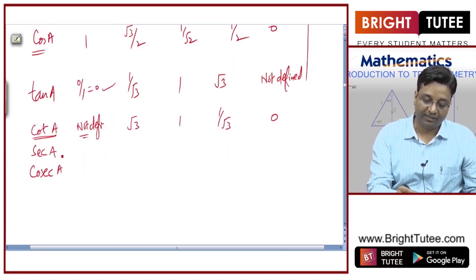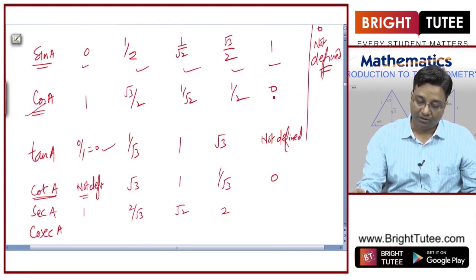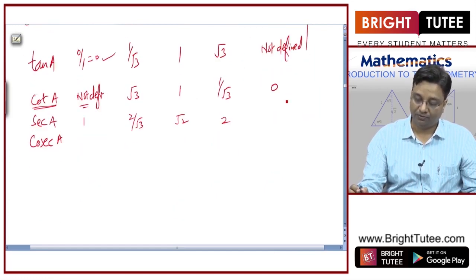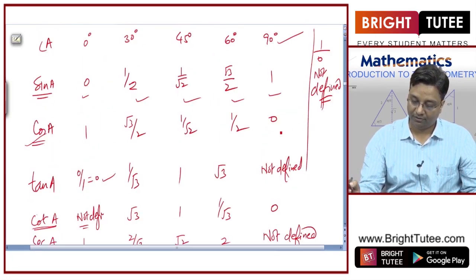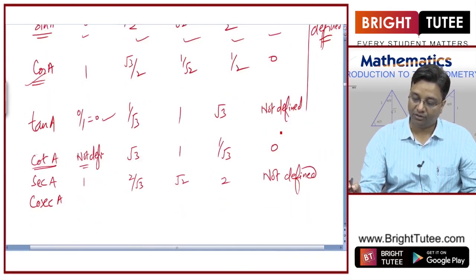Secant A. It is reciprocal of cos. So 1, 2 by root 3. This is root 2. This will become 2. And reciprocal of 0, 1 by 0, which is not defined, right. So secant of 90 degrees is not defined.